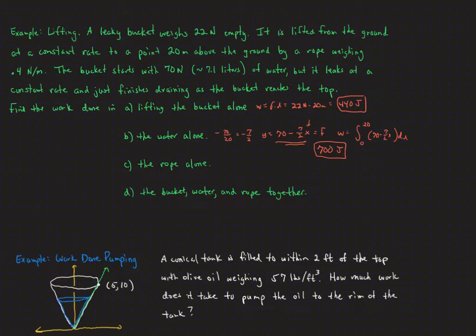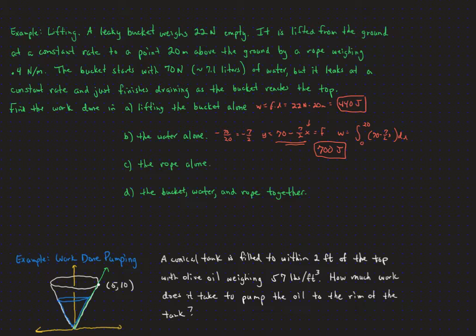Now, in a similar way, if we look at the rope, it's going to start with the full 20 meters of rope, and 20 meters times the 0.4 is going to make that have a weight of 8.